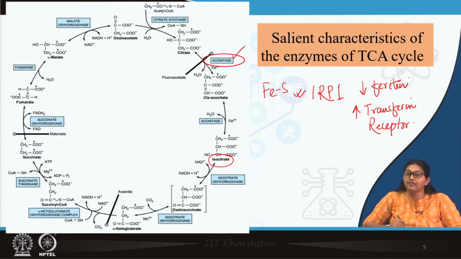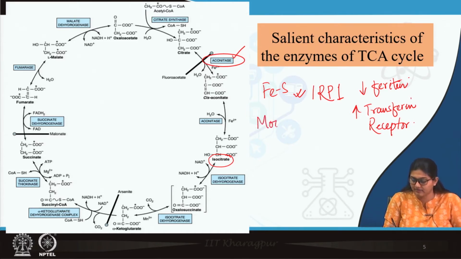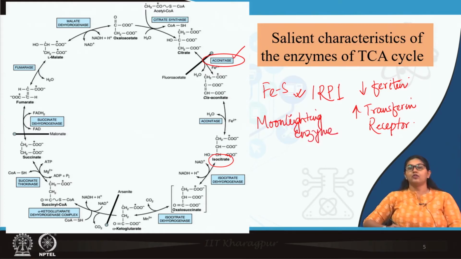This is the role of aconitase, for which it is also known as a moonlighting enzyme, because of its dual nature of activity.